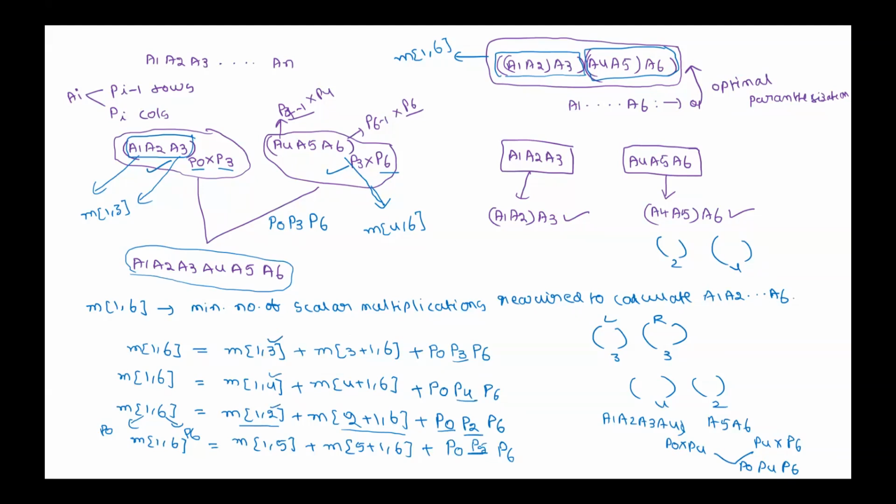In general, now we generalize this. Let us say we are given matrices A(i+1), A(i+2), something like this, up to Aj, where j is greater than or equal to i. In order to find this product, the minimum number of multiplications required, we call it M(i,j).